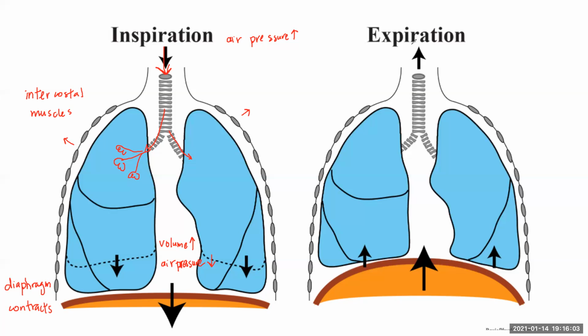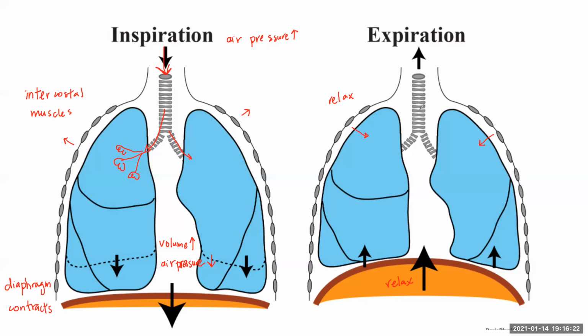During expiration, the opposite happens. The diaphragm relaxes and curves. The intercostal muscles relax and go back in.